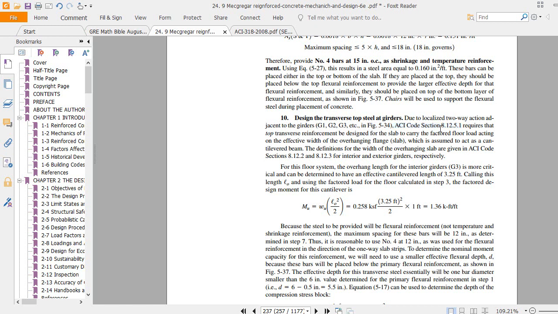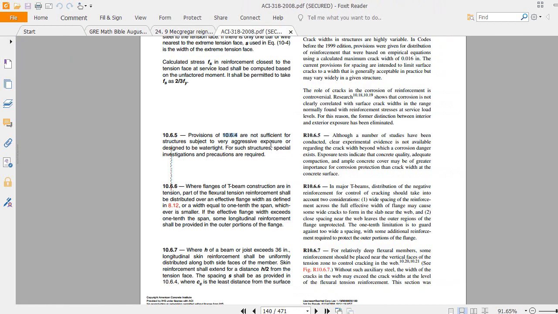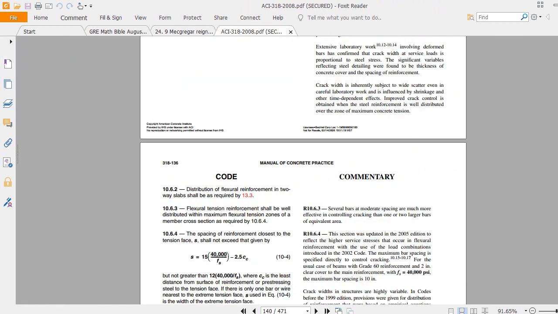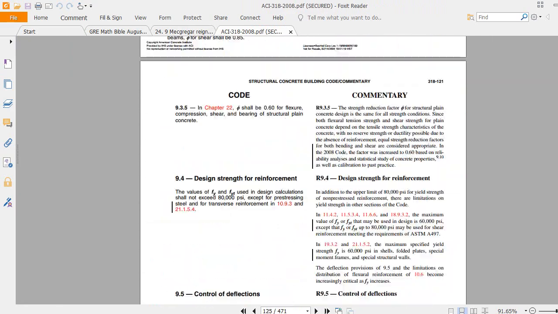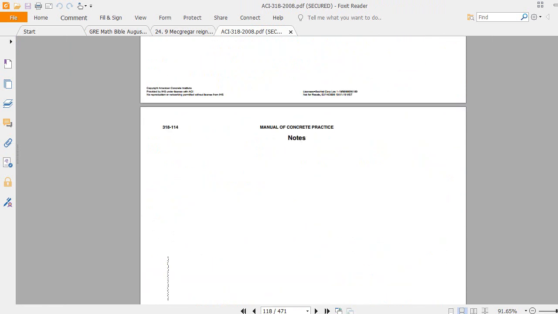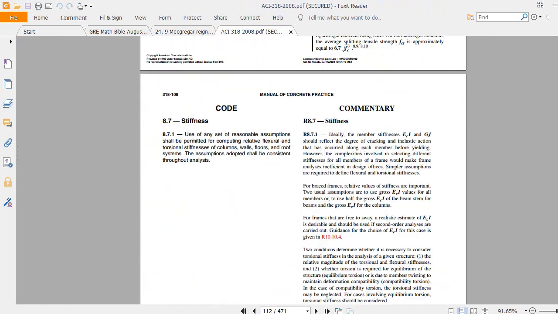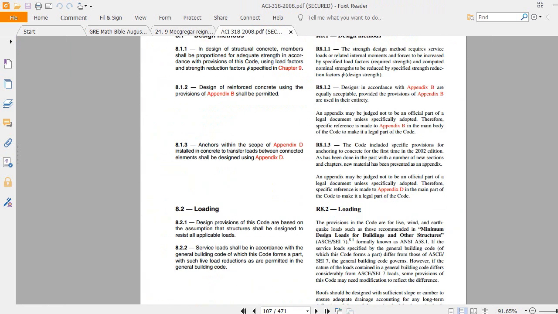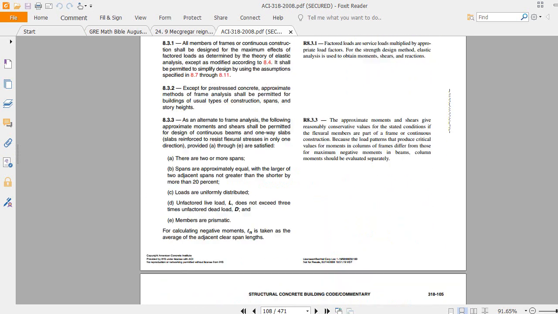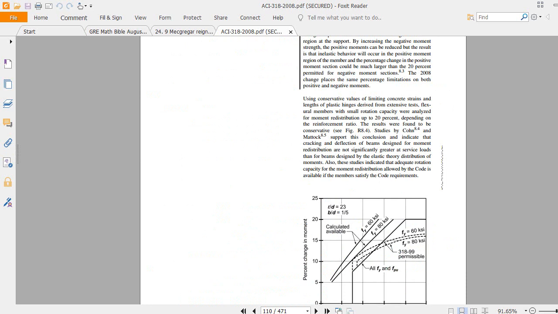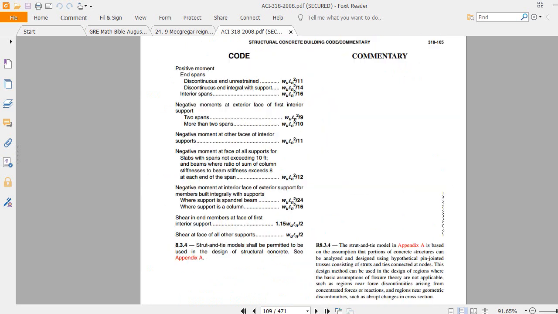So ACI section 8.12.1, let me show you this section. This is a very important section that you must fulfill. This is a T-beam procedure. Here you have to calculate the cantilever portion of a T-beam, and that cantilever portion is very important.